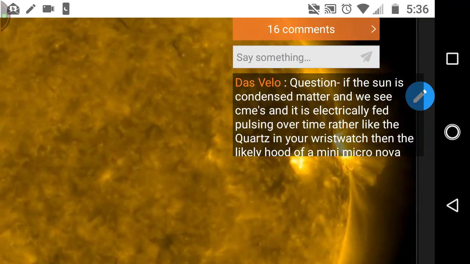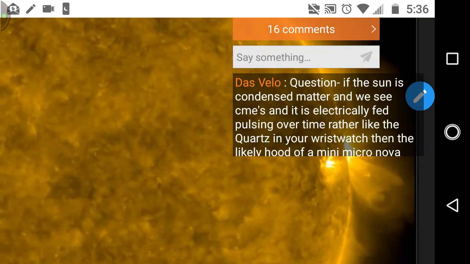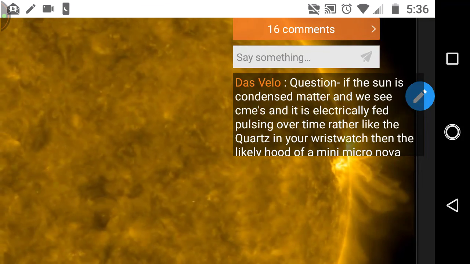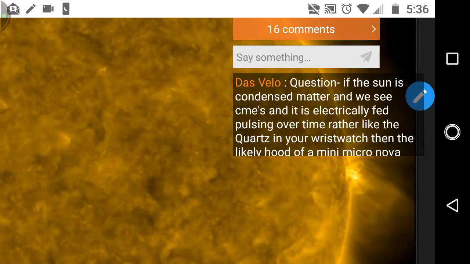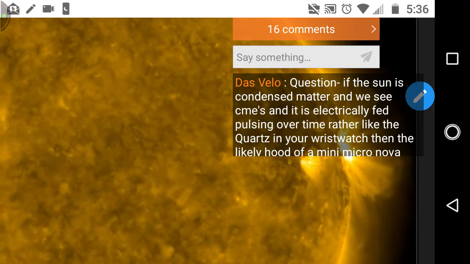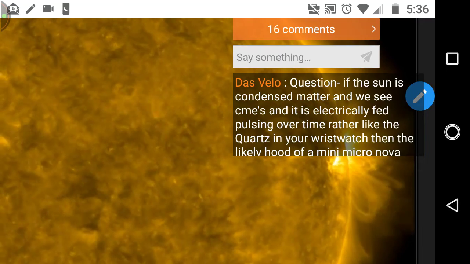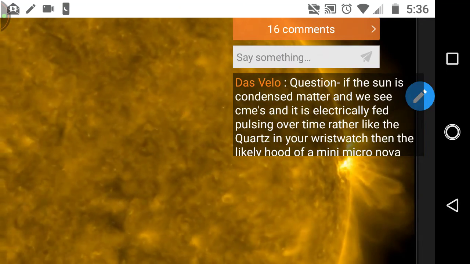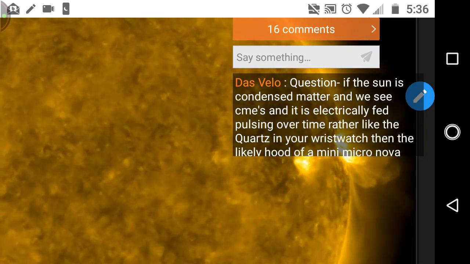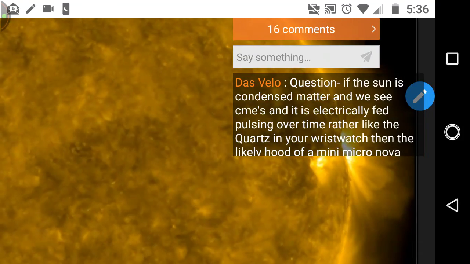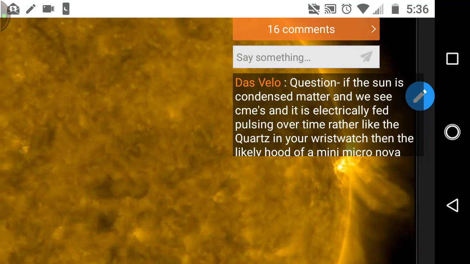Now, in the liquid metallic hydrogen sun model, coronal holes are caused by outgassing of intercalate regions. So the condensed matter on the surface, like the photosphere, for instance, which is the part that appears dark inside of a sunspot, that's going to be a flat lattice similar to graphite. And in between each flat layer of that, you're going to have other gases that are non-hydrogen gases.